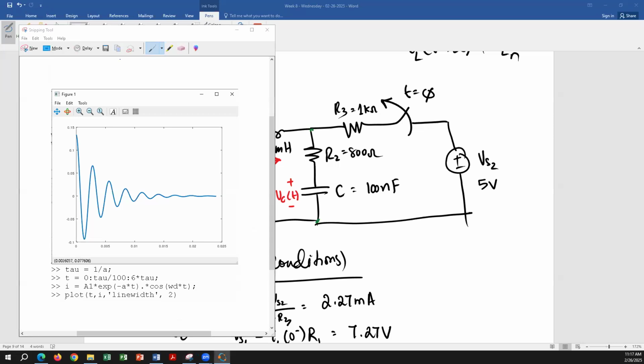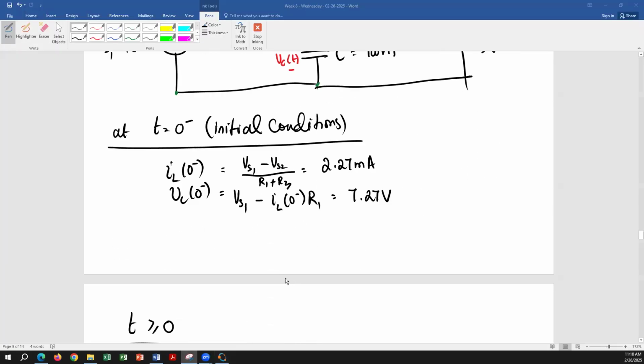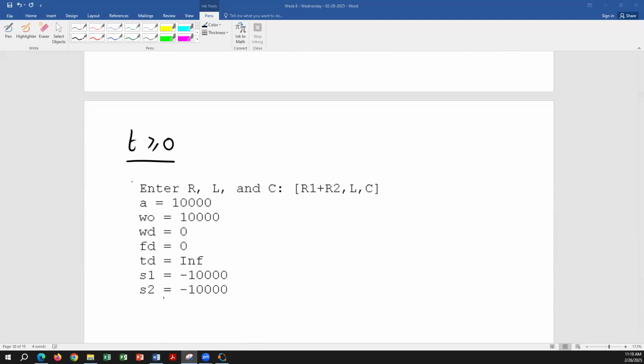Critically damped, very good. All right, alpha is 10,000 radian per second, omega naught is 10,000 radian per second, omega d is 10,000 radian per second. So it is a critically damped circuit. Alpha and omega naught are the same.